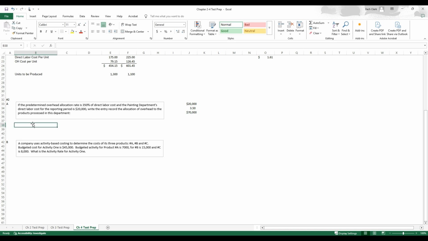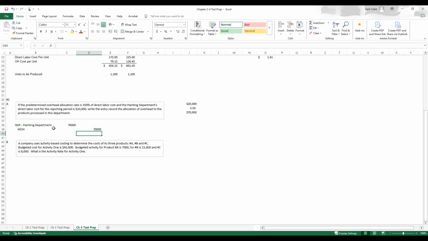So as far as a journal entry goes, our debit would be to WIP, and we could say painting department, again because this one talks about department, so there might be more than one department in this whole manufacturing process. And remember, the overhead account is going to be credited for the applied overhead, not the actual overhead cost.